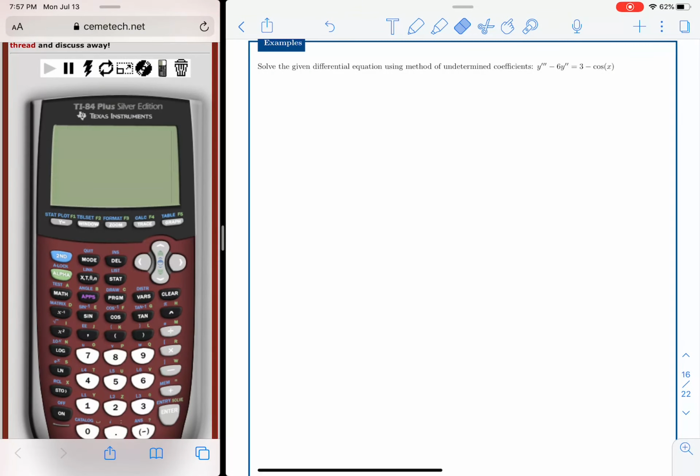So here we have a third order differential equation, non-homogeneous of course. So the first step is to have the associated homogeneous equation, which would be y triple prime minus 6y double prime equals 0.